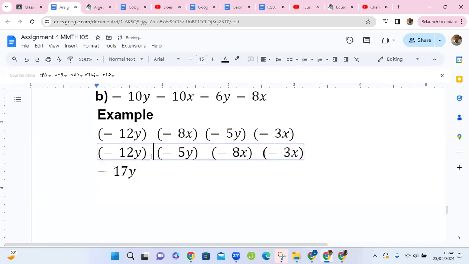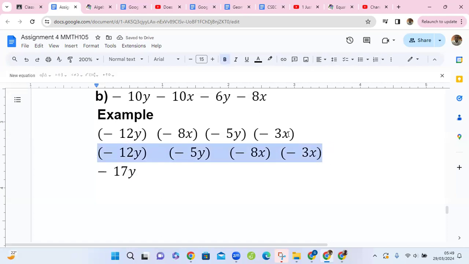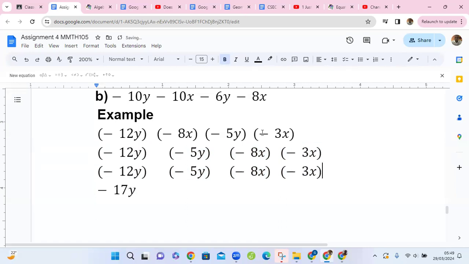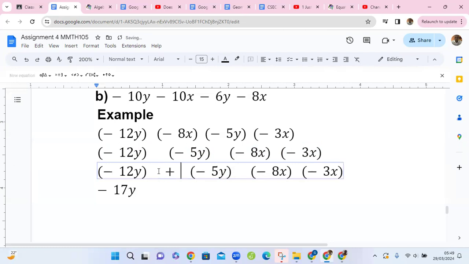Because if I have to put a sign between those brackets, see how I separate those terms. I have a -12y and a -5y. That's -12y plus -5y. Another thing you can do, although it's not totally necessary, but really and truly, after we separate those four terms, and I want to put something between them, an operation, it has to be a plus because it's an and.